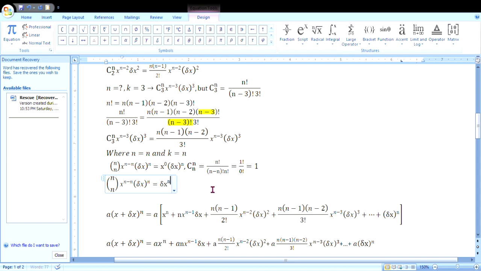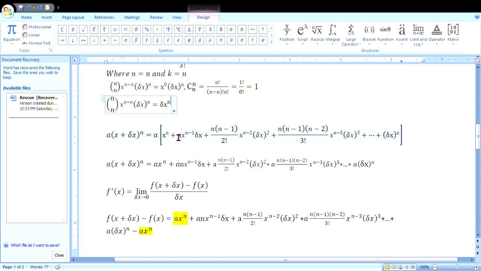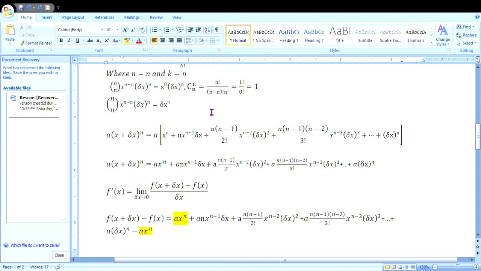Okay, now because we said it is multiplied by a, the a will multiply all the terms that we have evaluated, and it becomes a into the whole of this expression.